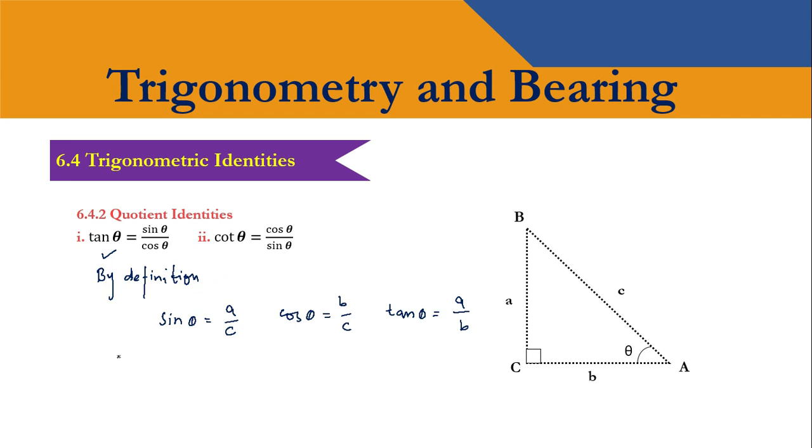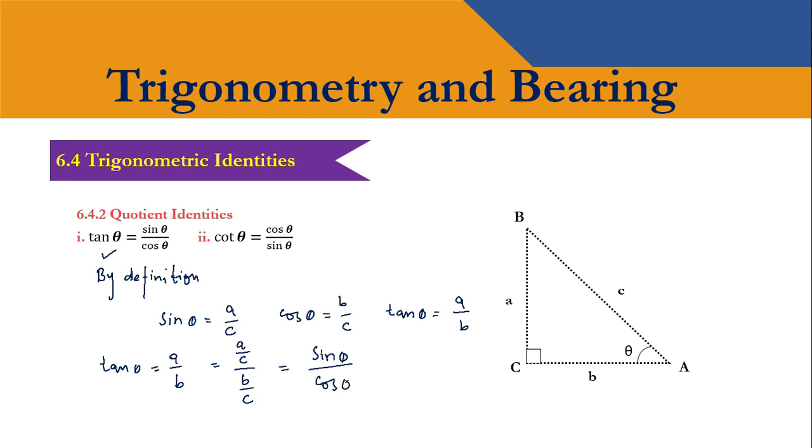Now, as we know that tan theta is equal to A divided by B, now dividing the numerator and denominator by C. So I am dividing the numerator by C and the denominator by C. As you can see, A divided by C and B divided by C. A divided by C is equal to sine theta and B divided by C is equal to cos theta.